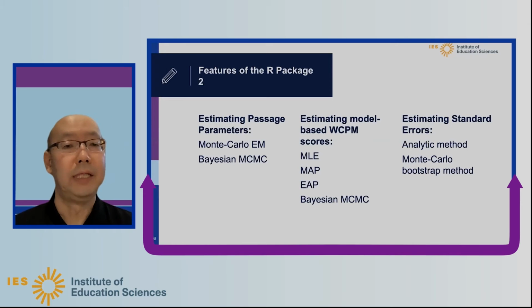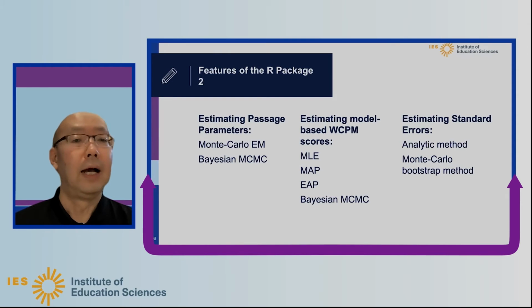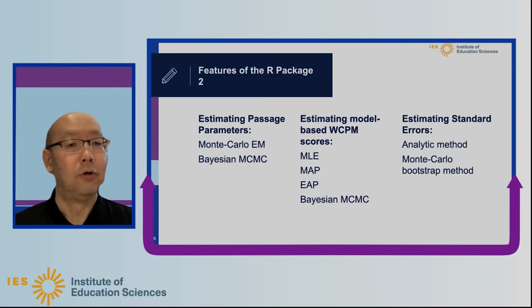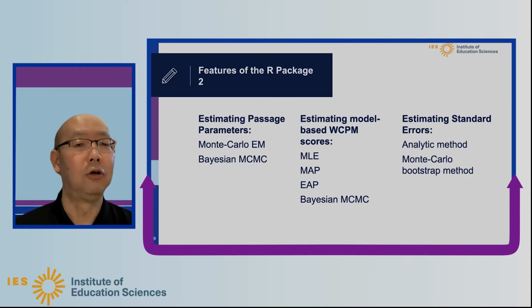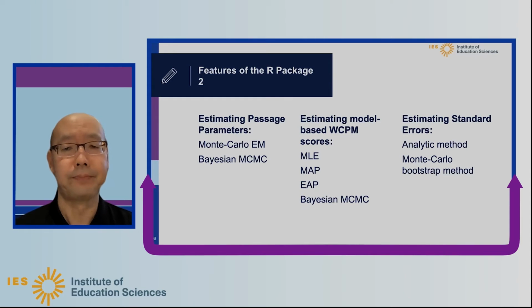So in terms of the estimators the package has incorporated so far: first, for estimating passage parameters, we have incorporated a Monte Carlo EM algorithm and also a Bayesian MCMC algorithm.